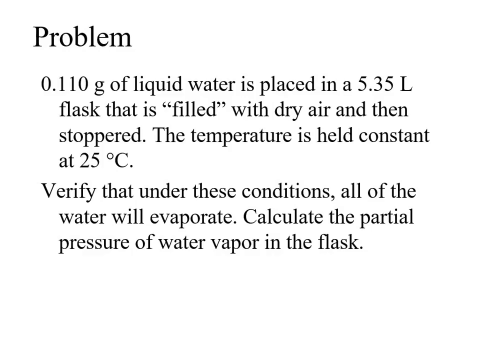Well, the way we're going to work this is we're going to assume all of that 0.110 grams H2O goes from liquid to gas. If all of it goes from liquid to gas, I can now come up with the pressure of my H2O by using PV equals nRT.